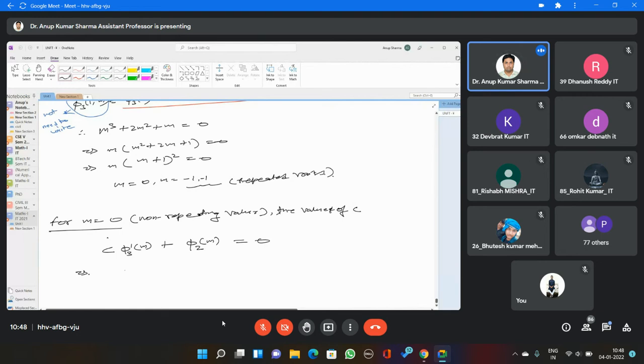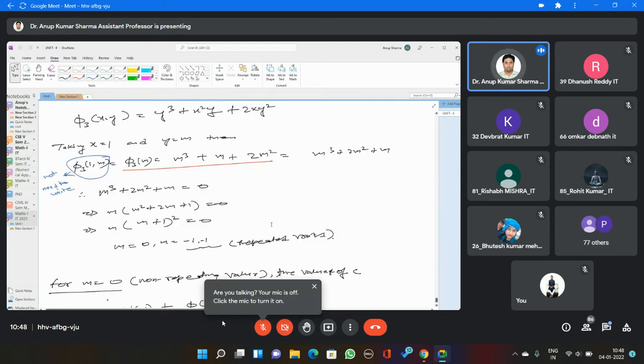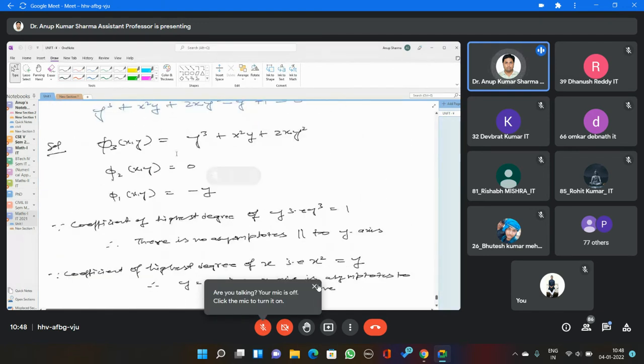So c into phi dash, the differentiation of this, 3m square plus 4m plus 1, plus now we write phi 2 of m.